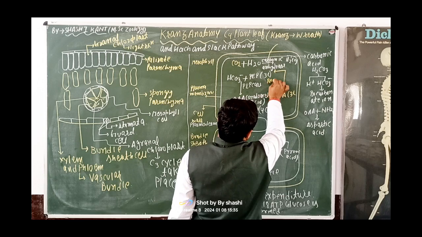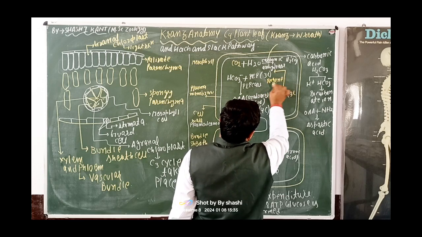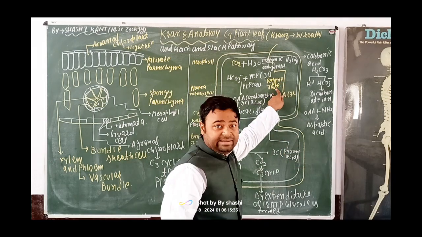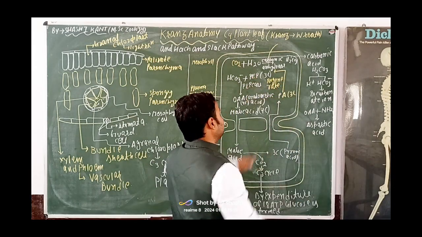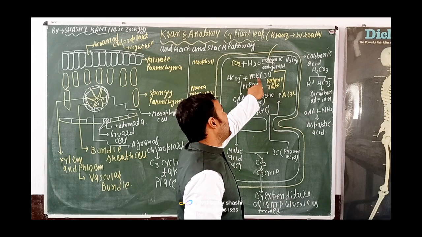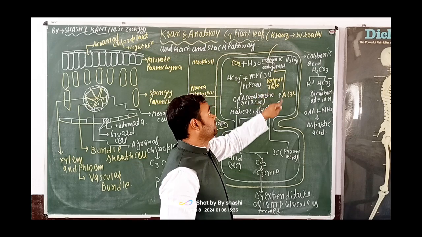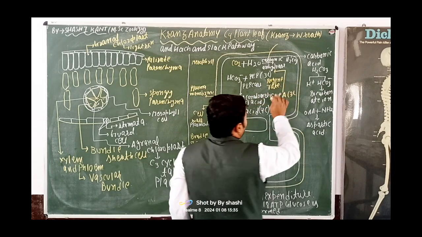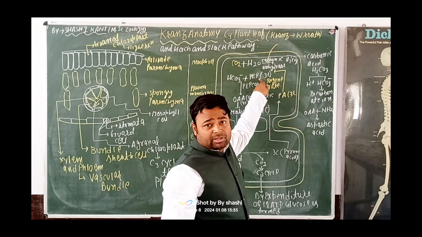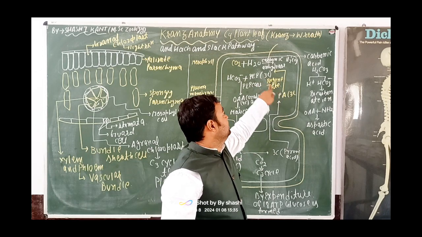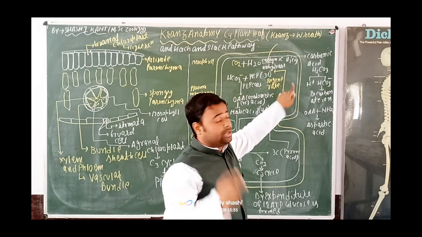I am writing here, regenerate this PEP, that is phosphoenol pyruvate. For the formation of this PEP from pyruvic acid, 2 ATPs are required.